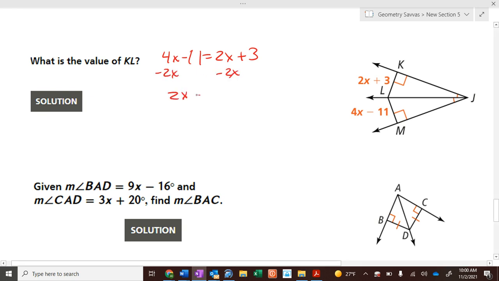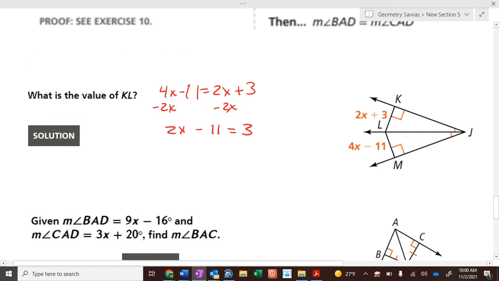So 2x minus 11 equals 3. Now, what do we do to both sides, Christian, to get x alone? Add 11 to both sides. So 2x equals 14, and then we divide by 2. So x equals 7.